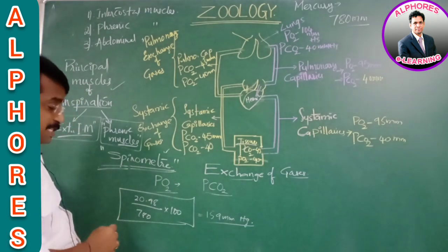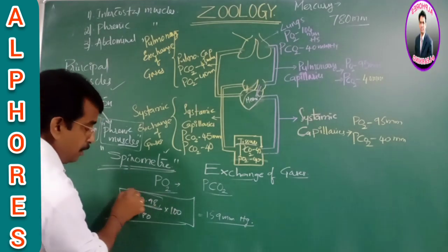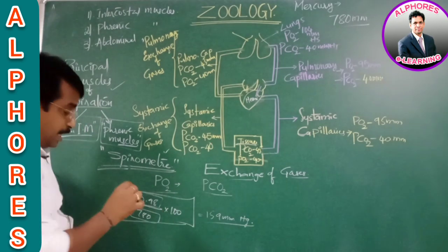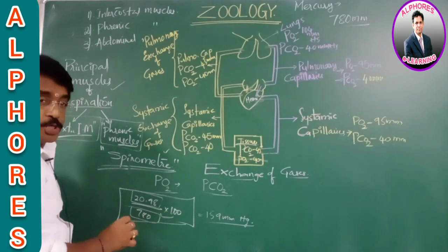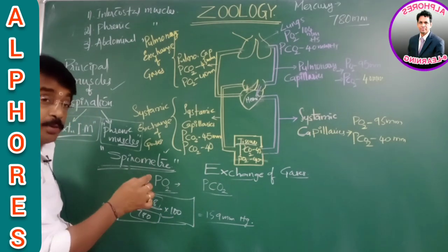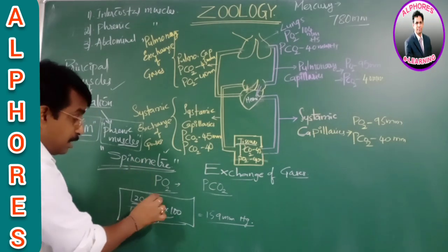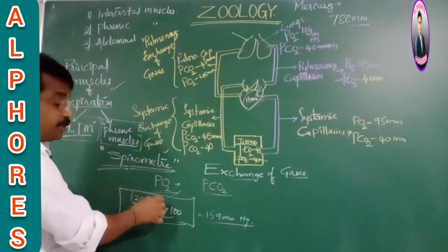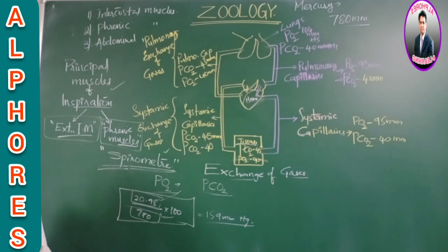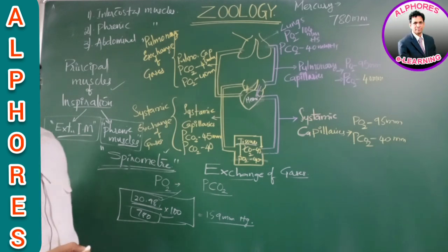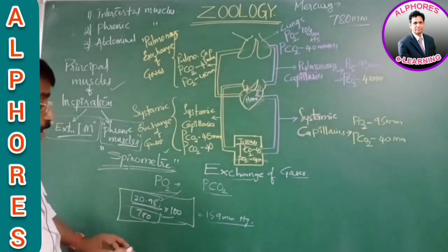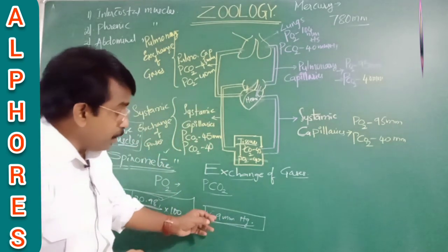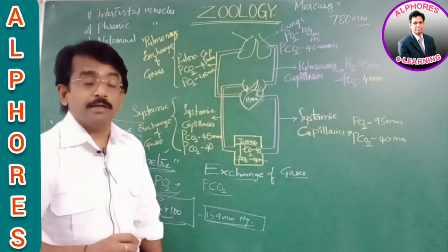So this is how, in the mixture, where the individual gas percentage of oxygen is 20.98, you get to know that the partial pressure of oxygen is 159 mmHg.